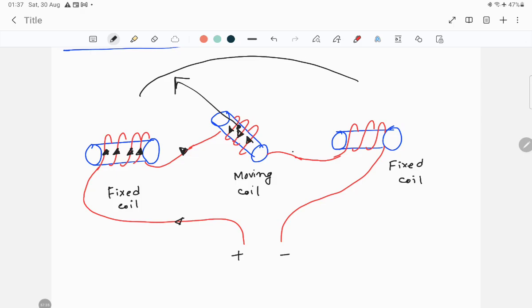Then again current is leaving. So right now the direction will be in this manner, and current is leaving.